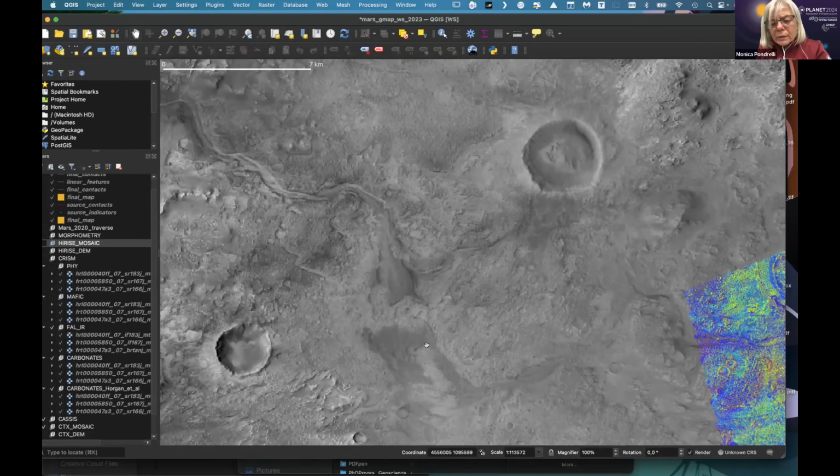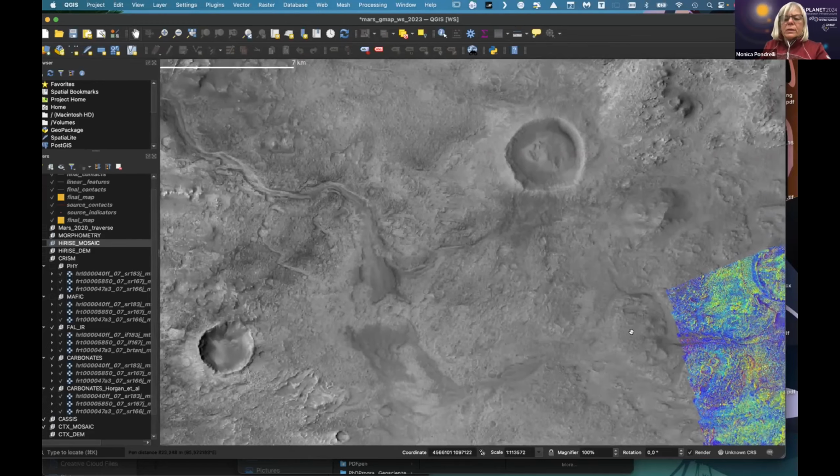It looks also that the flux was going out from here, and it was able to excavate another channel in this direction.